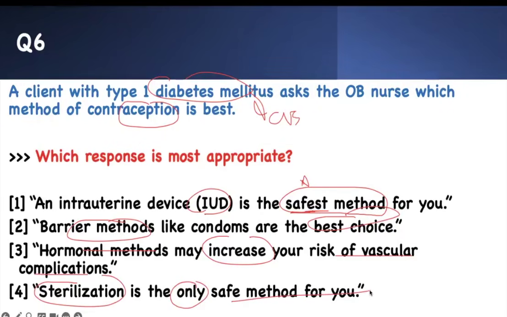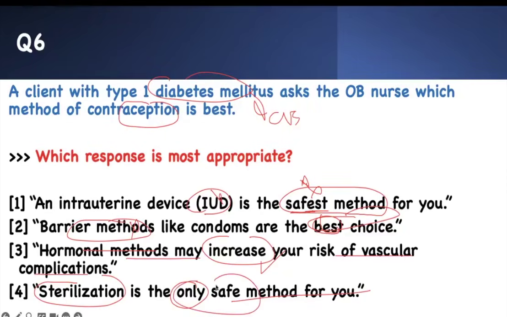This is number 6. It's a little bit difficult, but that's how it's designed. I'm trying to teach you certain things when you're picking an answer choice. There's test-taking strategy. IUD is good, but it's not the safest. The word safest changes the answer choice. It's too absolute. Barrier method, you put the word best. It's too absolute. Hormonal method, yeah, it increases the risk of vascular complications. It doesn't say anything absolute, it's just telling you the fact.